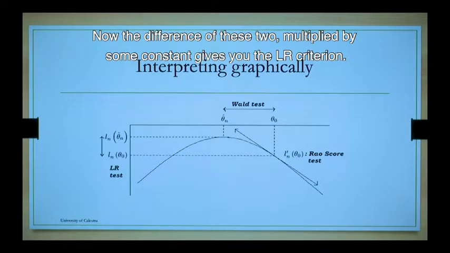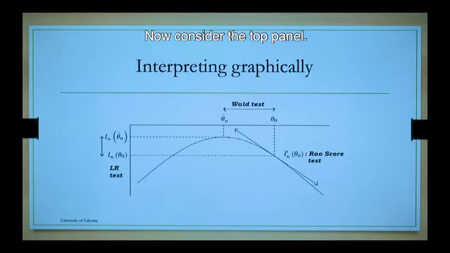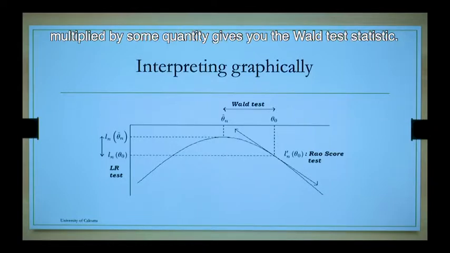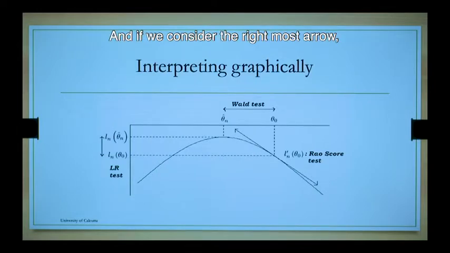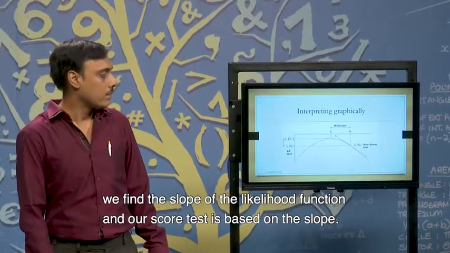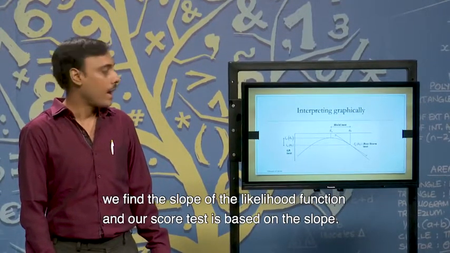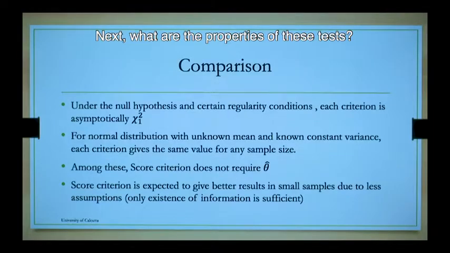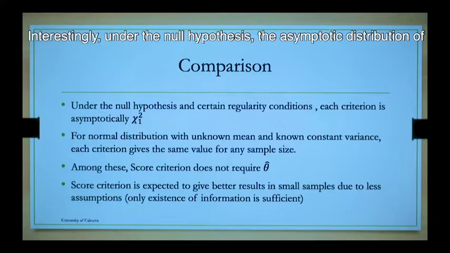The difference of these two, multiplied by some constant, gives you the likelihood ratio criterion. In the top panel, the distance between theta hat n and theta naught, multiplied by some quantity, gives you the Wald test statistic. And the rightmost arrow shows the slope of the likelihood function, and our score test is based on the slope.